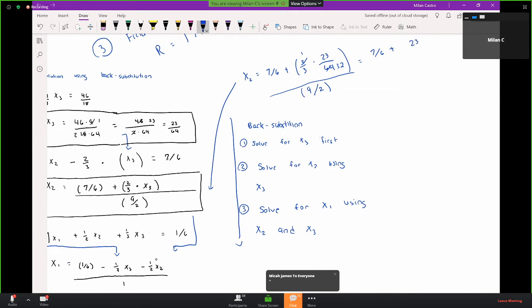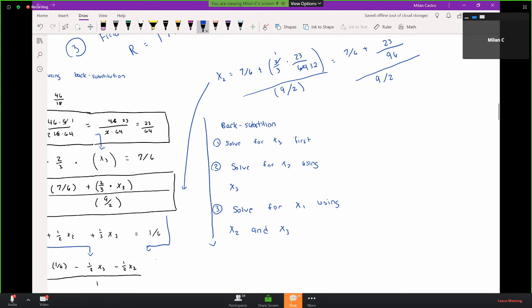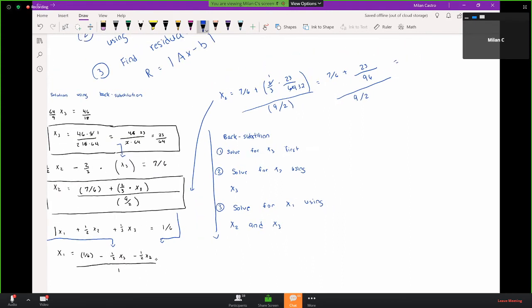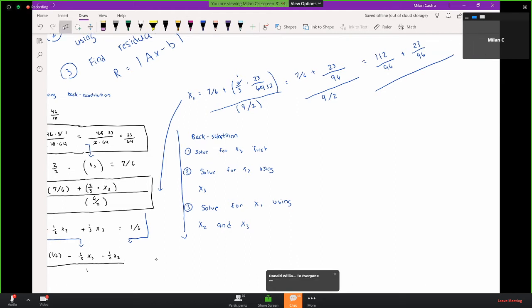Plus 23 over 96. Okay, so that is 112, times 9 divided by 2.